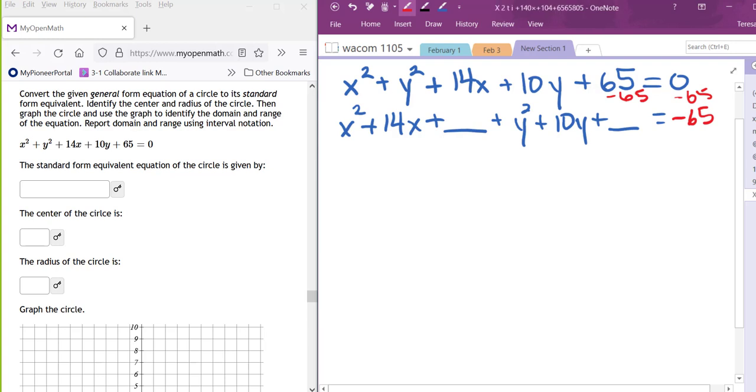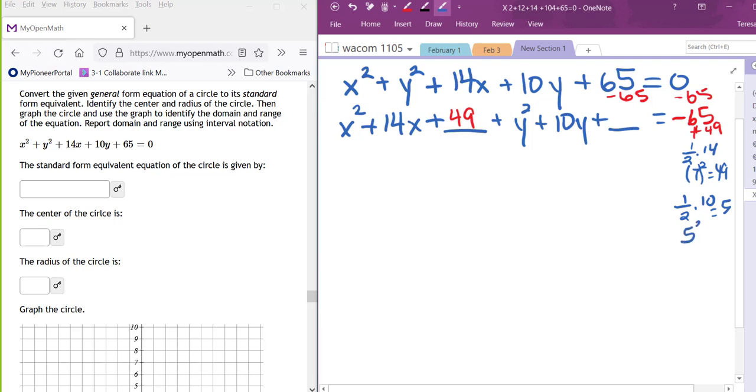And now we have to find our numbers that we're going to add. So we're going to take half of 14, which gives us 7. 7 squared is 49. So we're going to add a 49. And we have to add a 49 here. Right? Then we're going to take half of 10, which is 5.